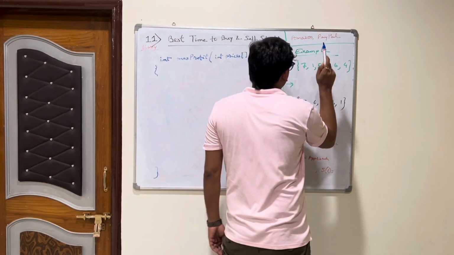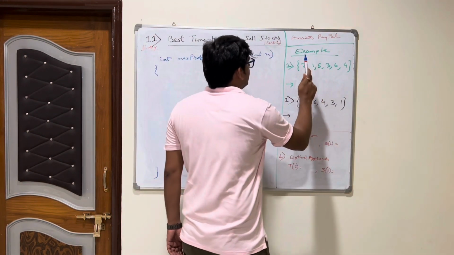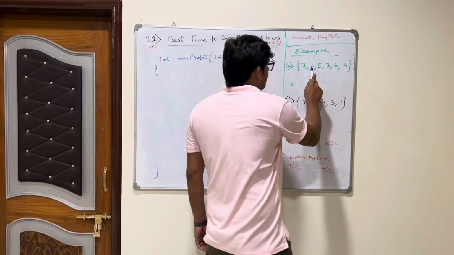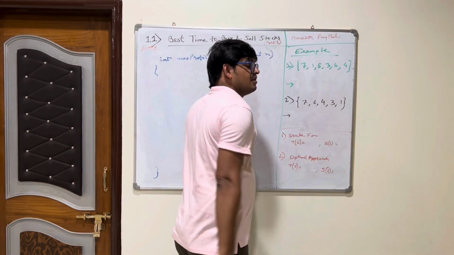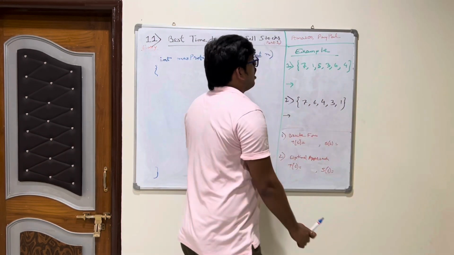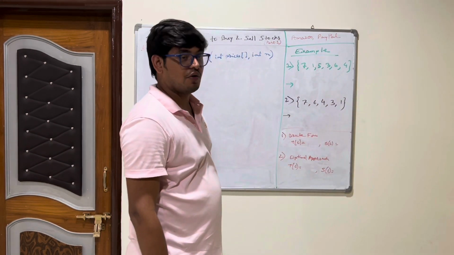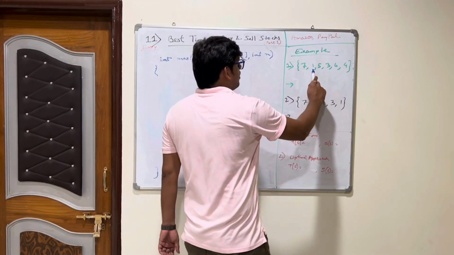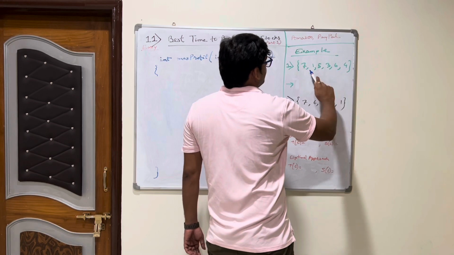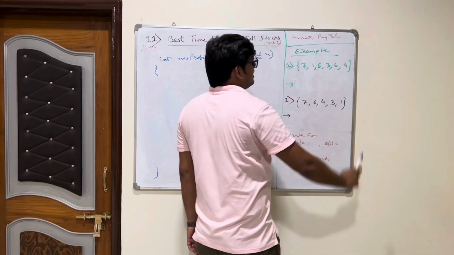So we shouldn't buy on day 1. If we buy on day 2, the cost is 1. If we sell on the third day itself, our profit is 4, 5 minus 1. If we sell it on the next day, 2, 5 and 3.